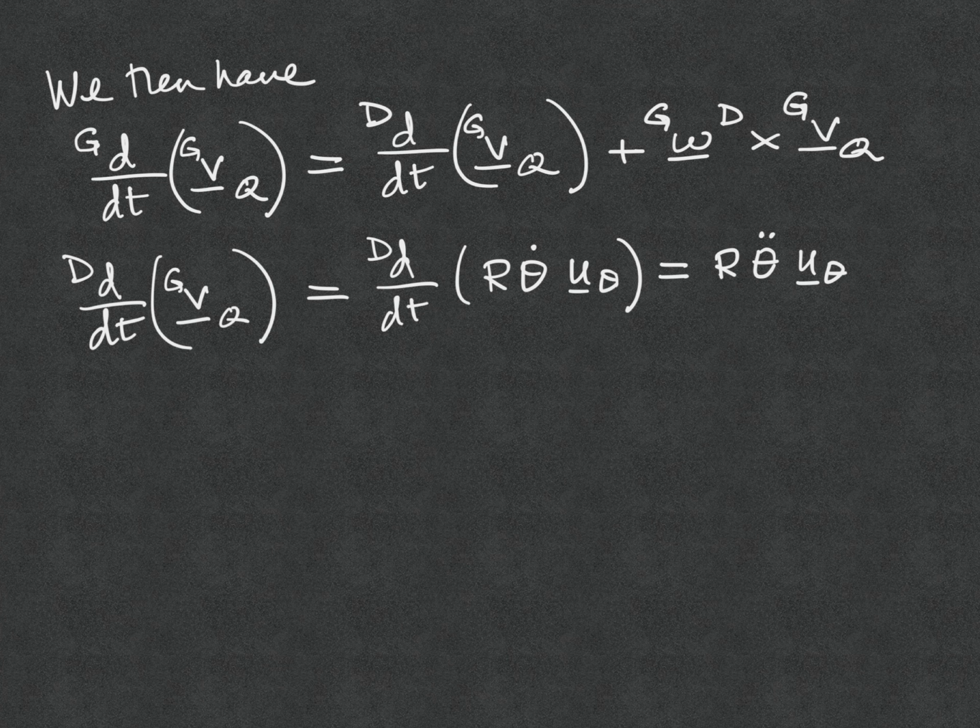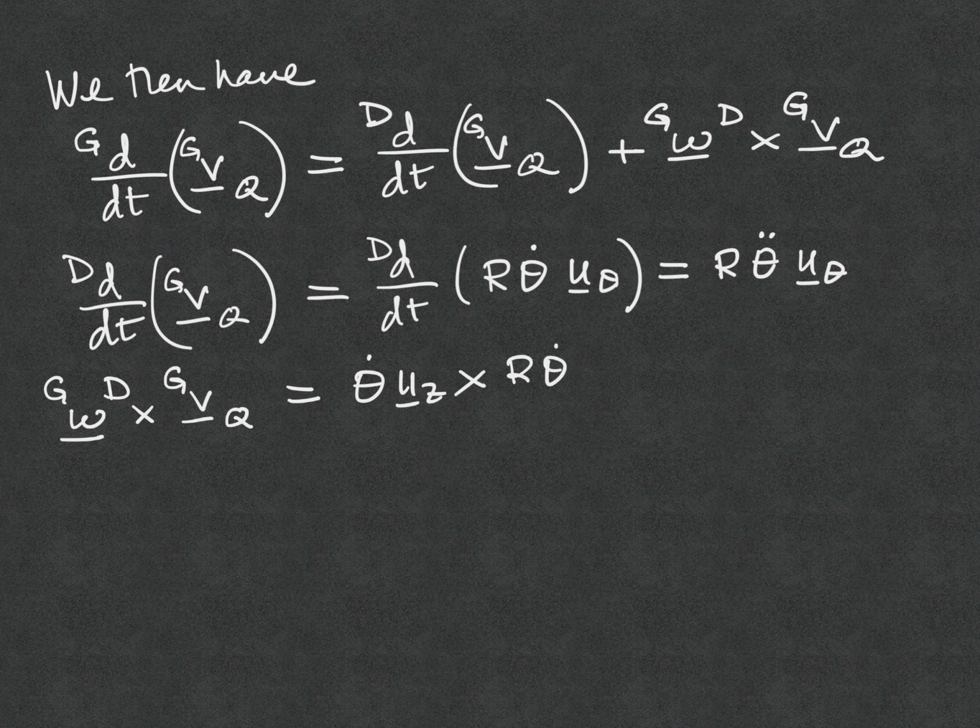Now the next term is a cross product. And that cross product is omega DG crossed with the velocity of point Q in G, which is equal to theta dot uz crossed with r theta dot u theta. So I just substituted in the expressions. That's all I did.